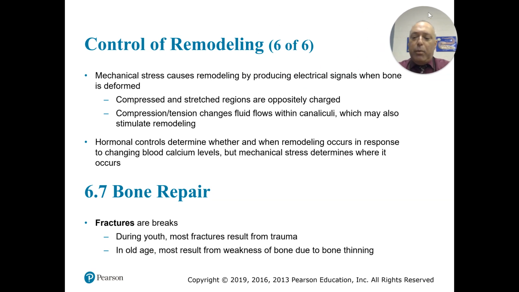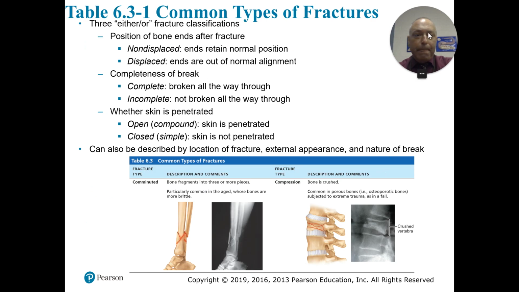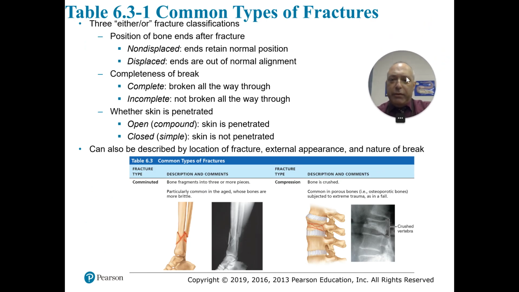Let's look at bone repair. So, fractures or breaks. During youth, most fractures result from trauma. In old age, most result from weakness of the bone due to bone thinning. So common types of fractures are non-displaced, where the ends retain their normal position, or displaced, where the ends are out of alignment.